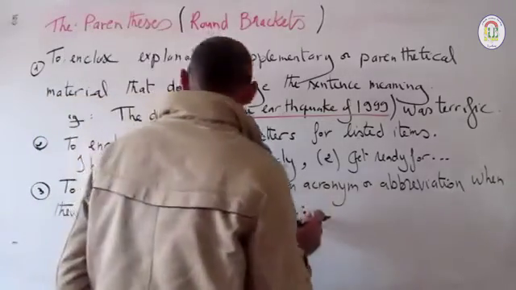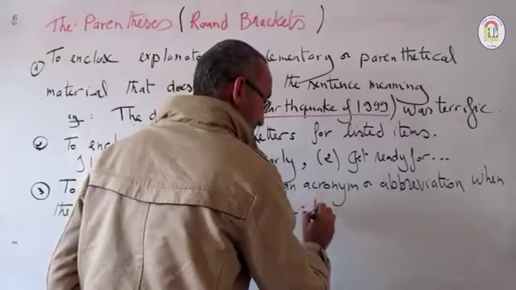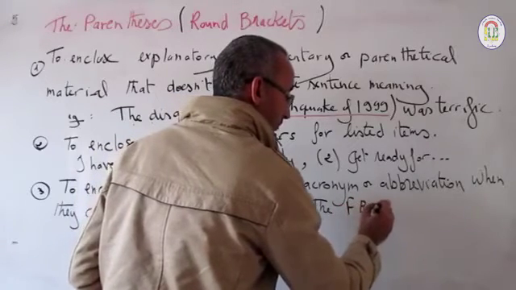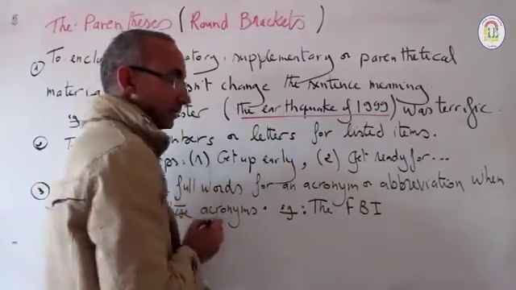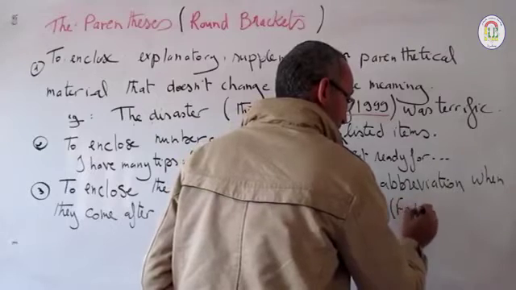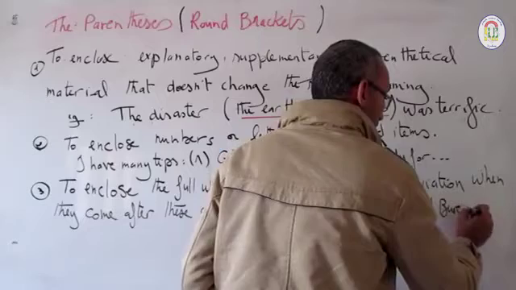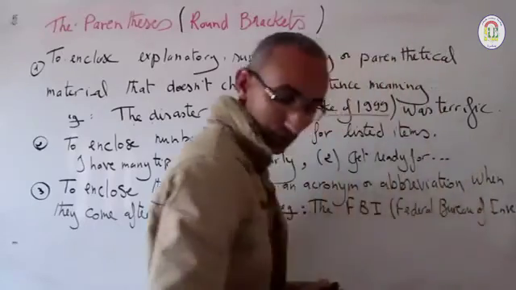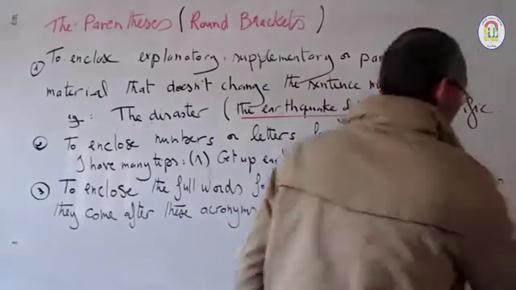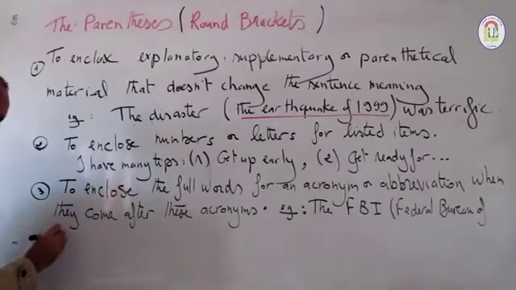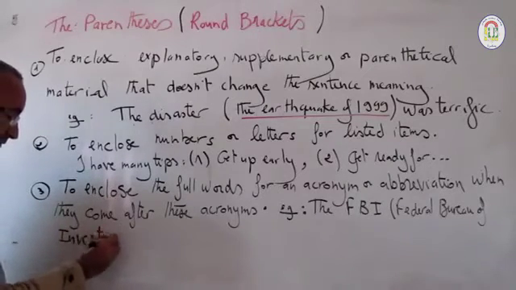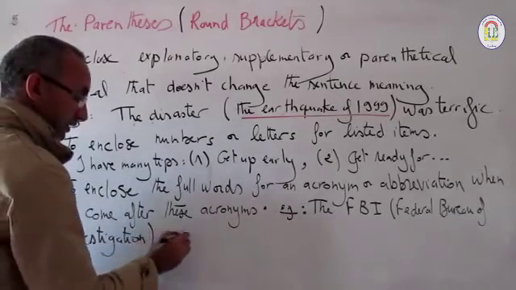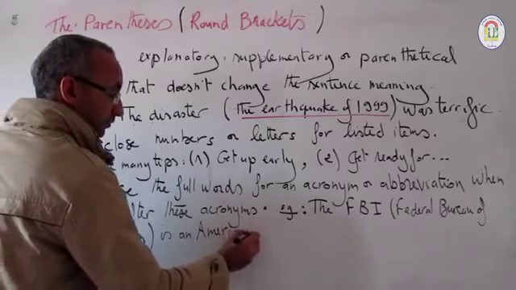For example, I write, the FBI (F B I, I mean Federal Bureau of Investigation), I close my parenthesis here, is an American agency.